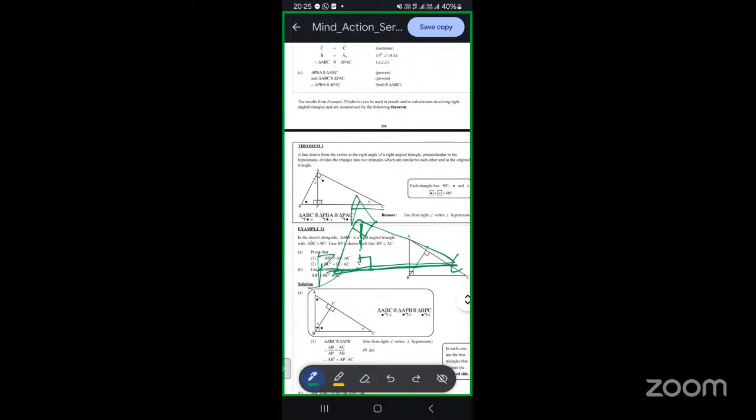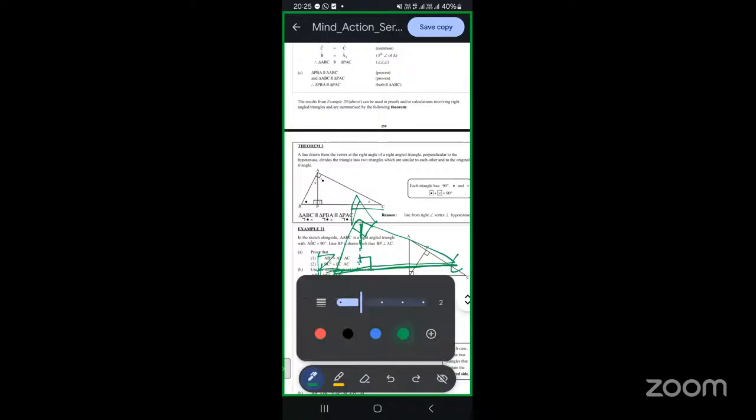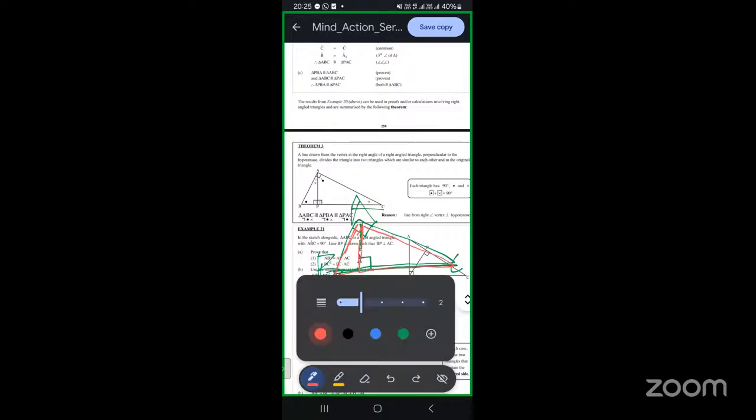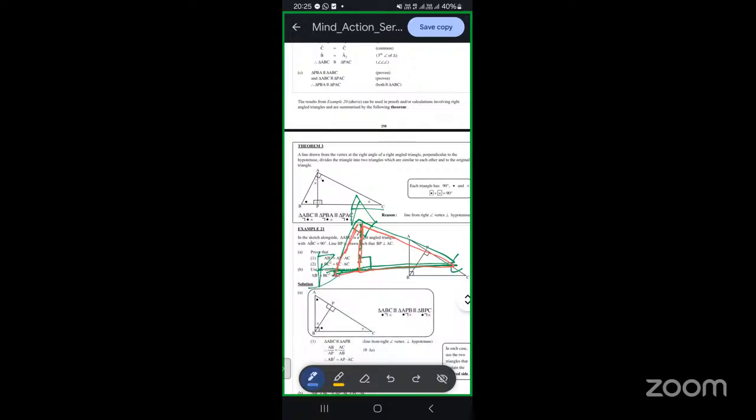Then now we can come to the conclusion that this line divides this bigger triangle into two triangles, such that this triangle is similar to this triangle, and both of the two triangles are similar to this blue triangle. That's what this theorem is saying.